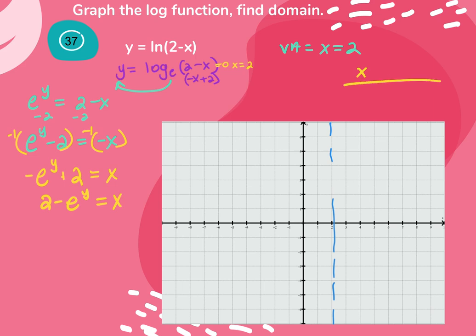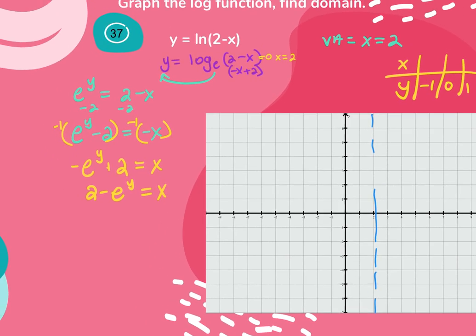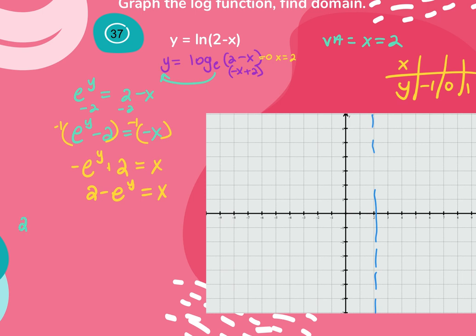Then I go to my t-chart, and I plug in. So 2 minus e to the negative 1, 2 minus e to the 0, and 2 minus e to the first. And use the calculator. 2 minus e to the negative 1 is 1.6. 2 minus e to the 0 is 1.